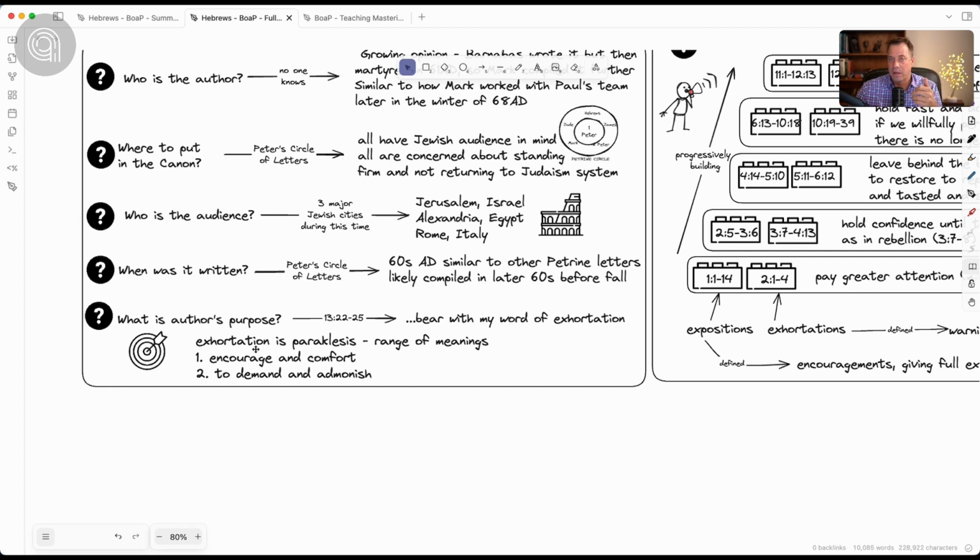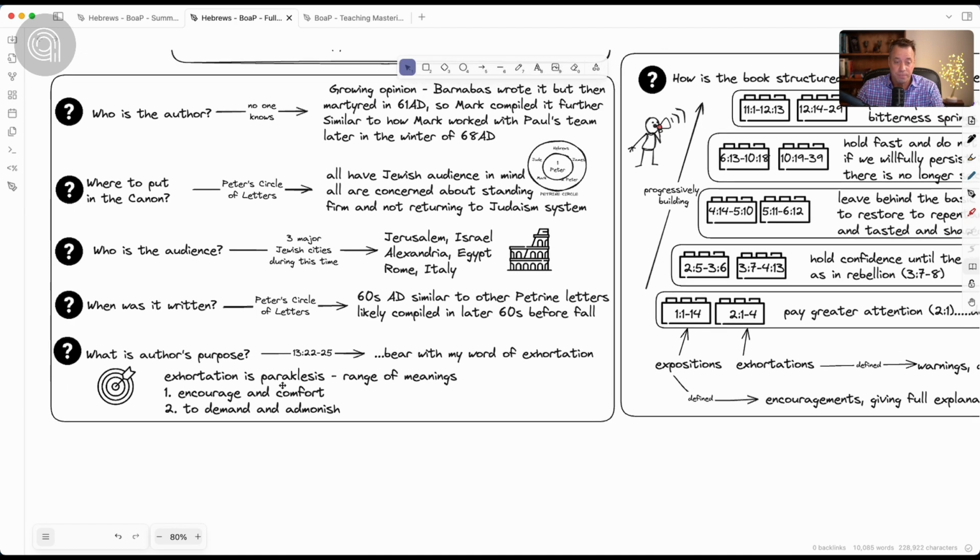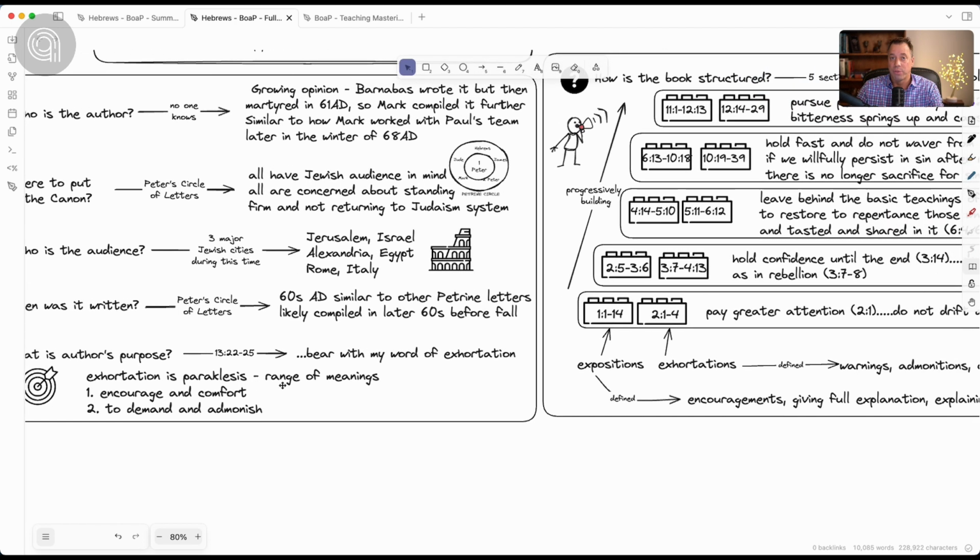It means to encourage and comfort, but on the other end of the range of its meaning, it means to demand from someone or to admonish them, to tell them to set things in order. Very much a directive. So it is an encouragement, but it's also direct instructions on what you're to do. That is why he wrote the book of Hebrews.